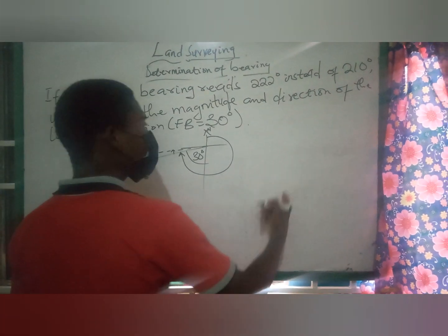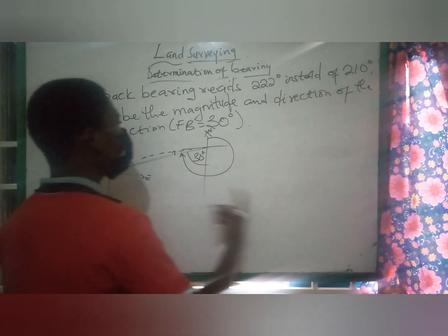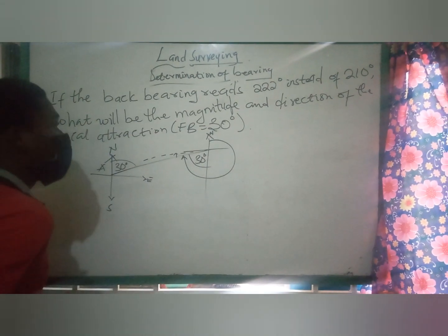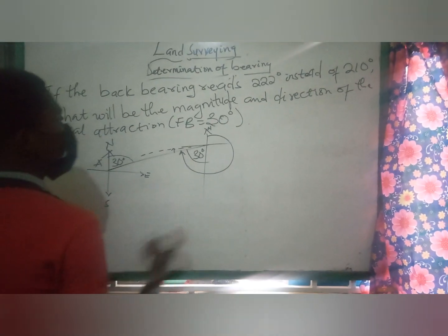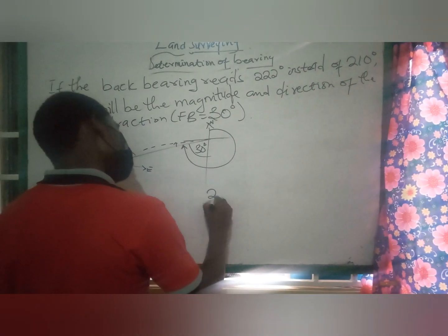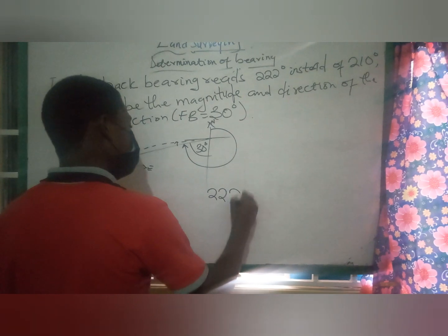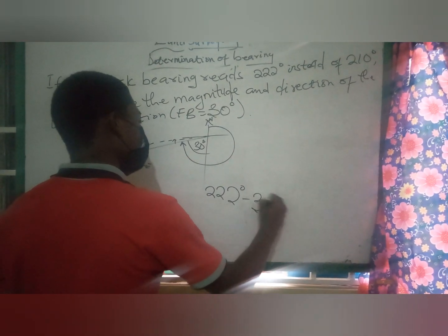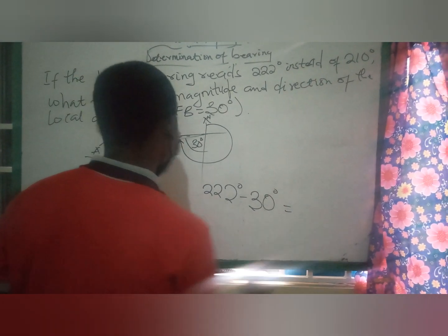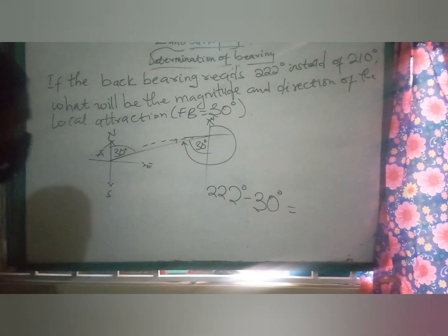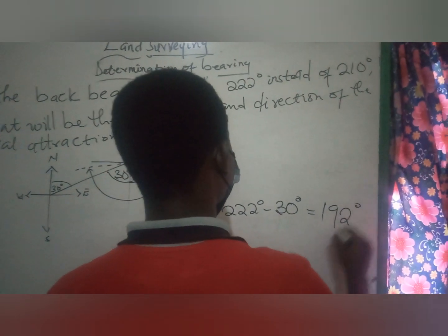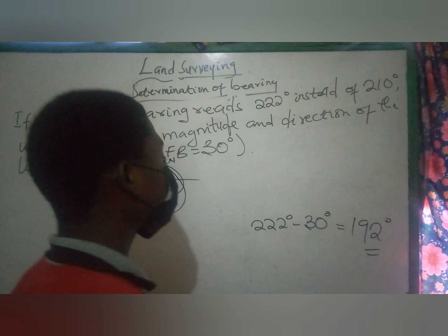The difference between the forward bearing and the back bearing is always supposed to be 180, and hence here 222 degrees minus 30 degrees. Let's see what it gives to us. So this gives us 192 degrees.